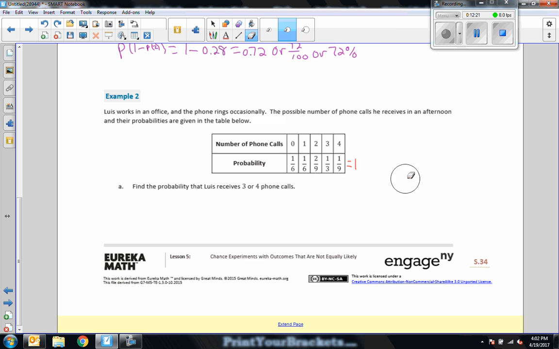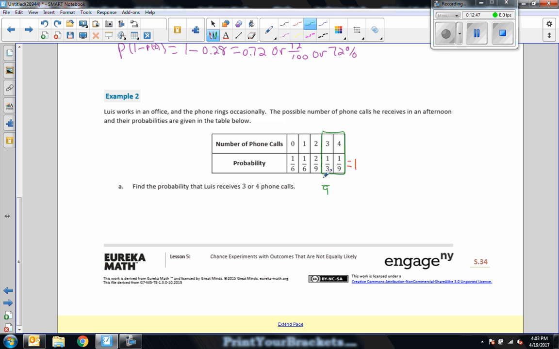I don't always trust given things. I've got to make sure for myself. So that probability adds up to 1, which is what we want. Find the probability that Luis receives 3 or 4 phone calls. Probability he receives 3 or 4. Our common denominator in this case would be 9.